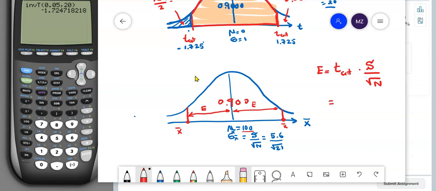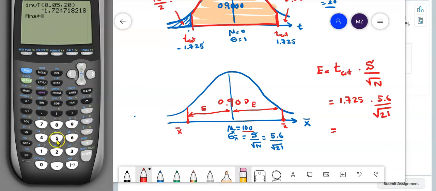So what is the t critical? It's 1.725, which is that value over there. I'm going to multiply by 5.6 and divide by radical 21. All right, so I need this value. As a value, I have it here. I'm going to keep it. I'm going to multiply it right now by 5.6, and then divided by radical 21.